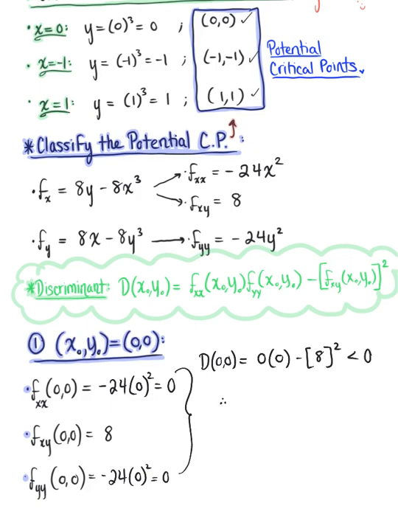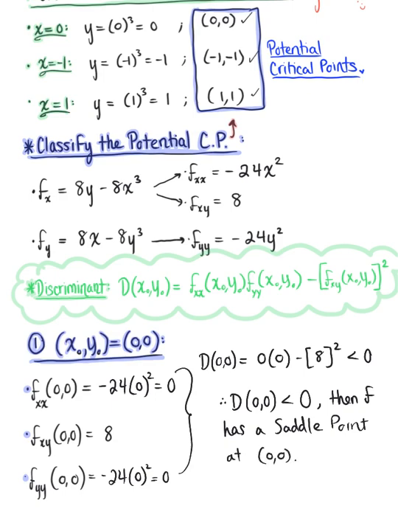So we're able to conclude that, since the discriminant at the ordered pair (0, 0) is negative, or less than 0, this is letting us know that the function f has a saddle point at the ordered pair (0, 0). Beautiful. So case 1 is done.